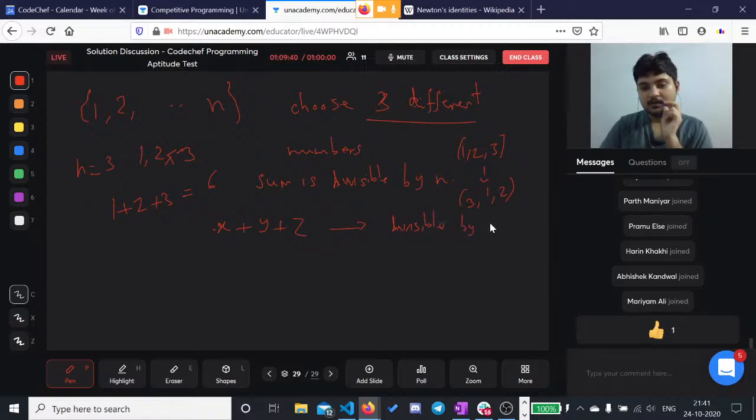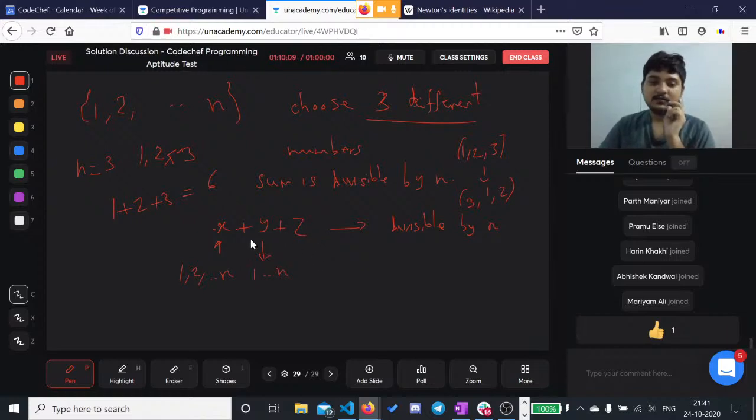Let's do overcounting. So one way to do this is count all triplets, assuming repetitions are allowed, and we will remove the repetitions later. Okay, let's say x can be any of n possibilities, 1 2 till n. Y can be any of the n possibilities, 1 through to n.